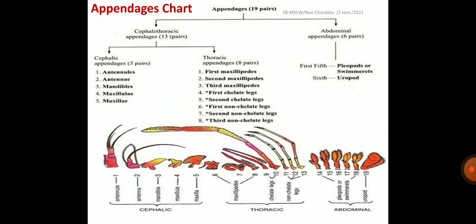In the previous session also, I had displayed this particular slide to know about the various appendages belonging to three different divisions of the prawn. You can just have a look at it a little later.